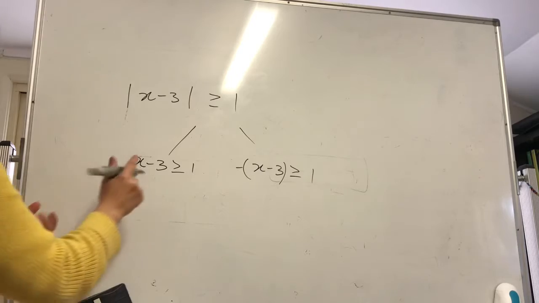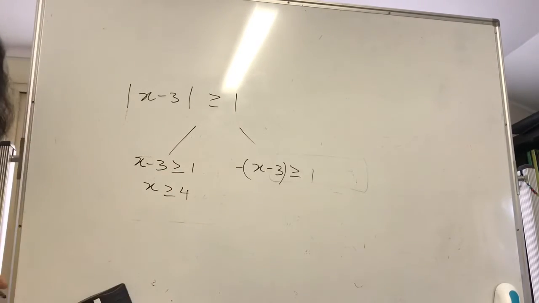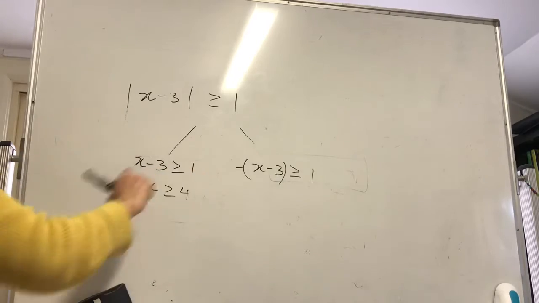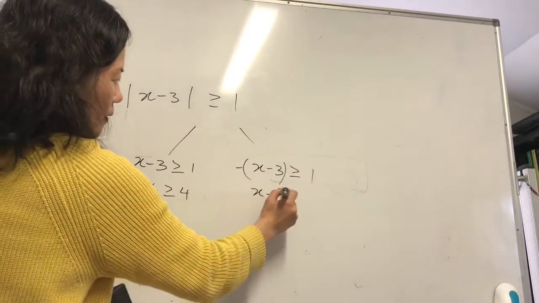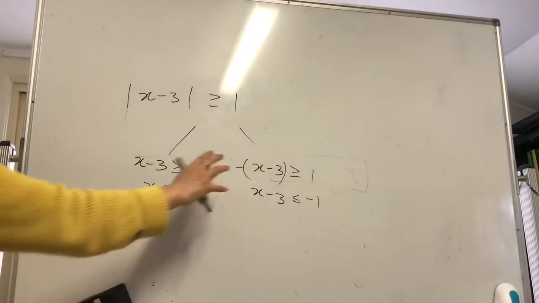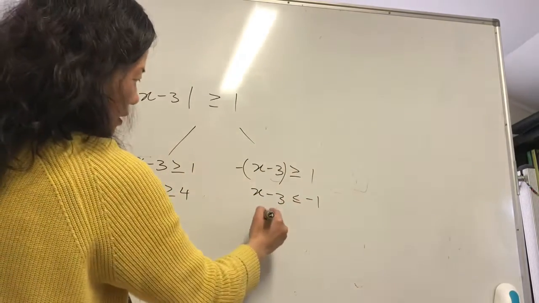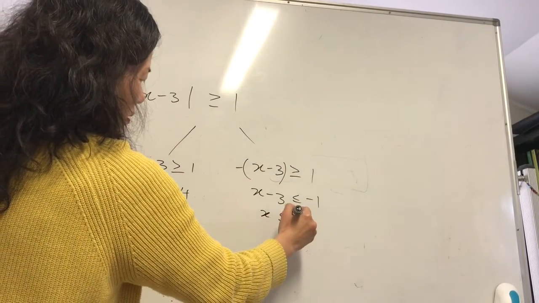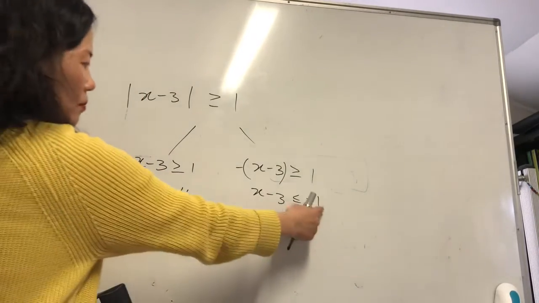What happens here? X is bigger than or equal to 4. Because of the plus 3, I always move this one to the other side and change the sign. Deal with the negative first. And then I'll do plus 3. What happens? 2, isn't it? If I do plus 3 here.